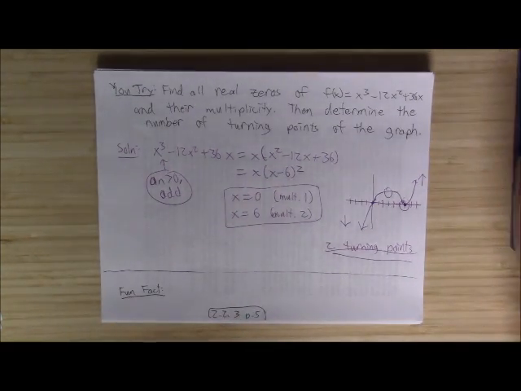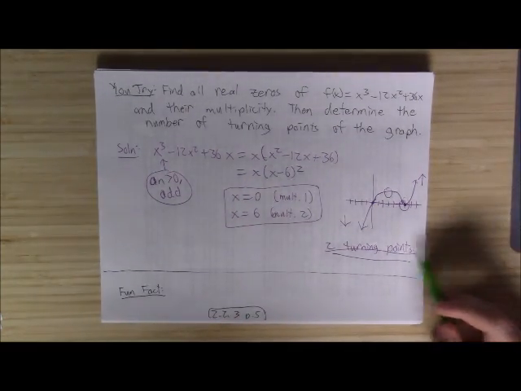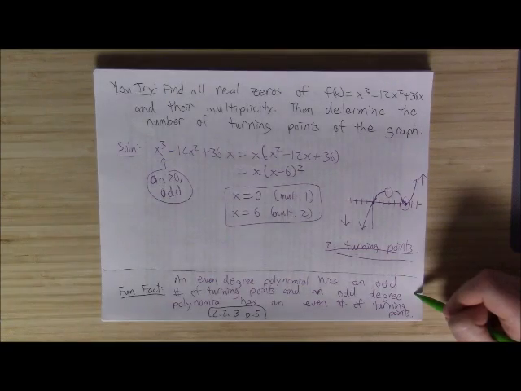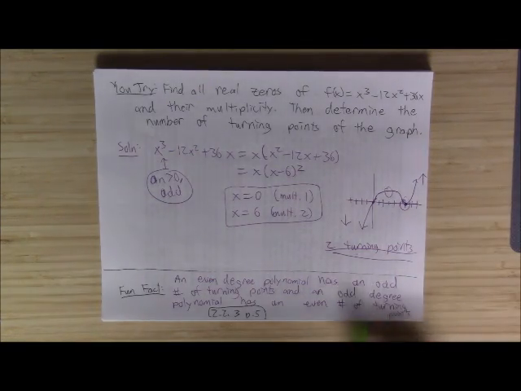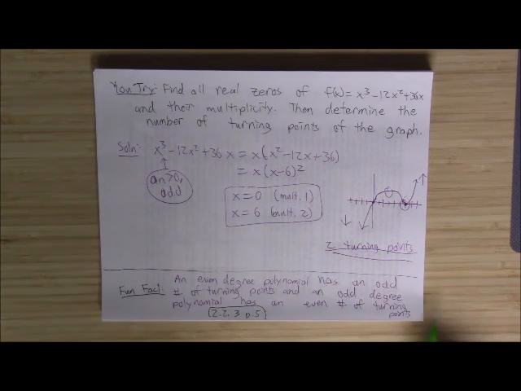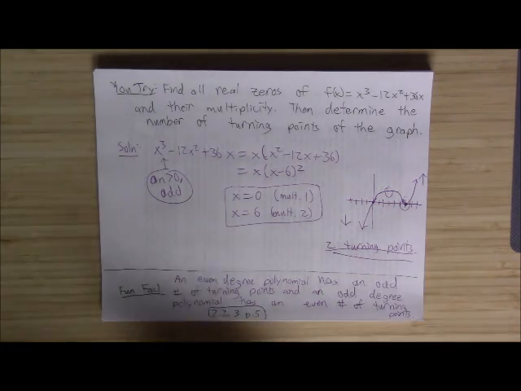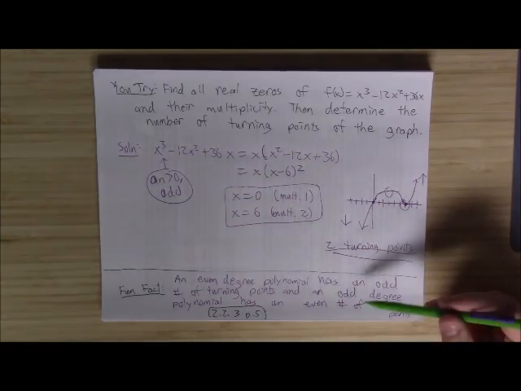Okay. Another interesting fun fact here is an even degree polynomial has an odd number of turning points, and an odd degree polynomial has an even number of turning points. This isn't too hard to see if you look at the last 2 examples, and kind of makes logical sense.